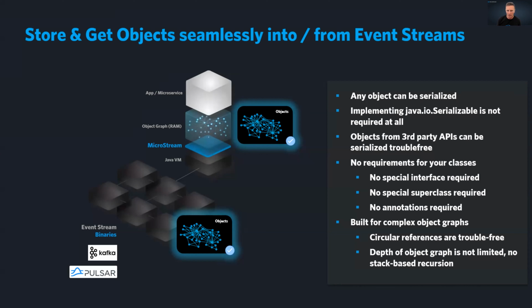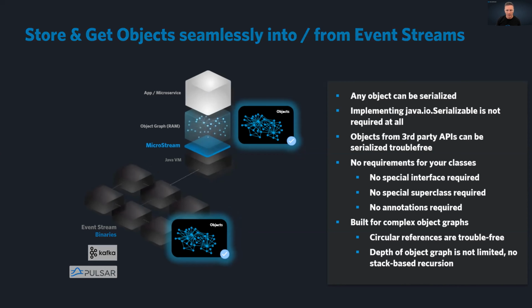You don't have to implement any interface, so it's super easy. There's no JSON conversion, and it's super easy to store objects in Kafka and to get the objects out of Kafka just by using MicroStream. No more conversion behind the scenes. Check it out, perhaps it's useful for you.